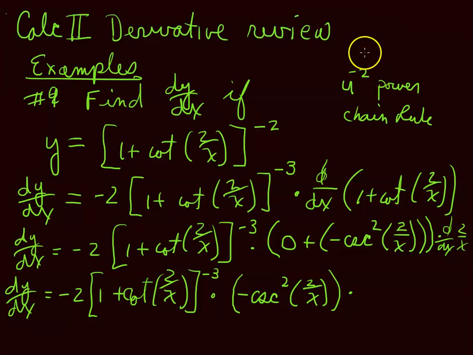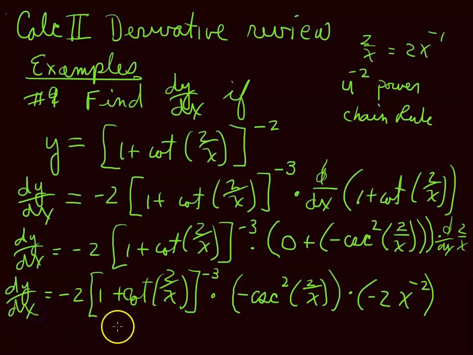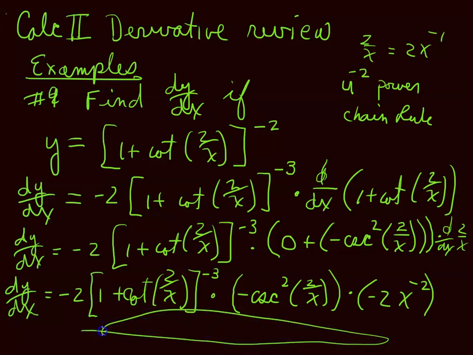Well, let me go back up here. 2 over x is really the same as 2x to the negative 1. So I'm going to use the power rule again. And so this is going to be a negative 2, because the negative 1 times 2, x to the negative 2 power. And now I'm down to just an x, which is that variable of differentiation that we wanted to get down to. This is the answer for number 9.